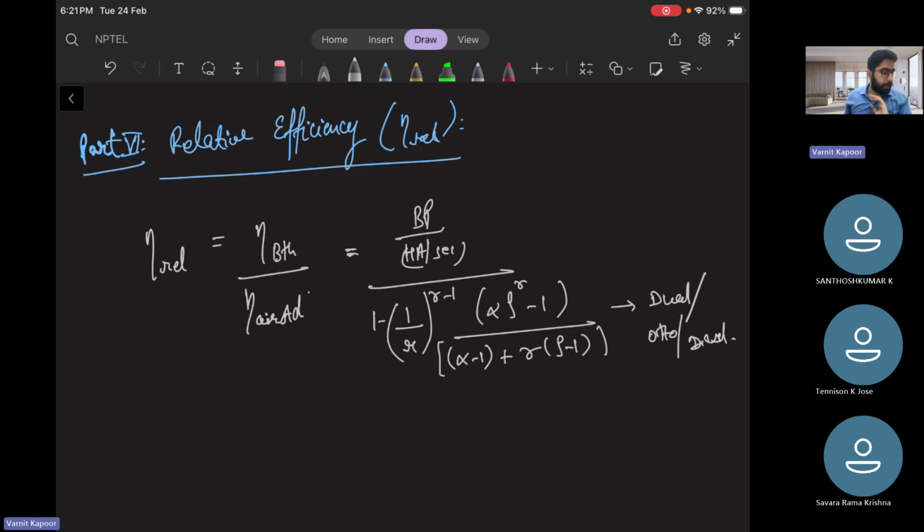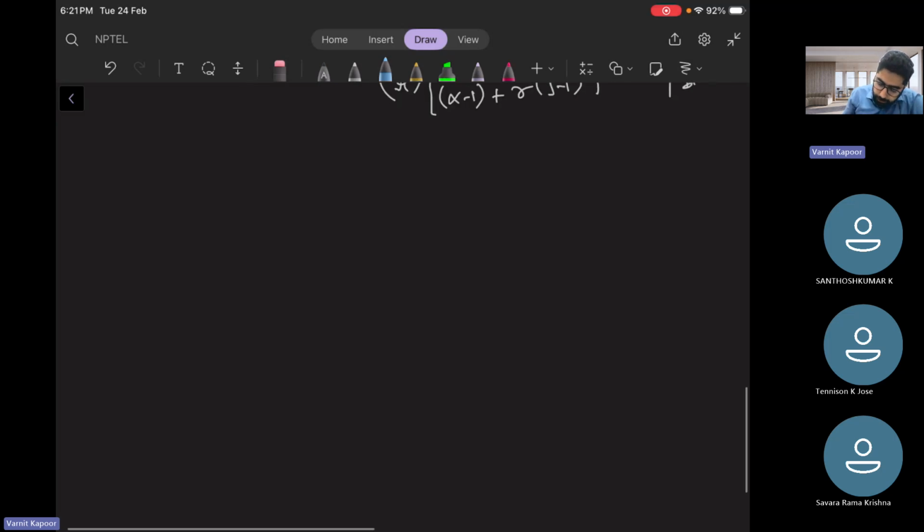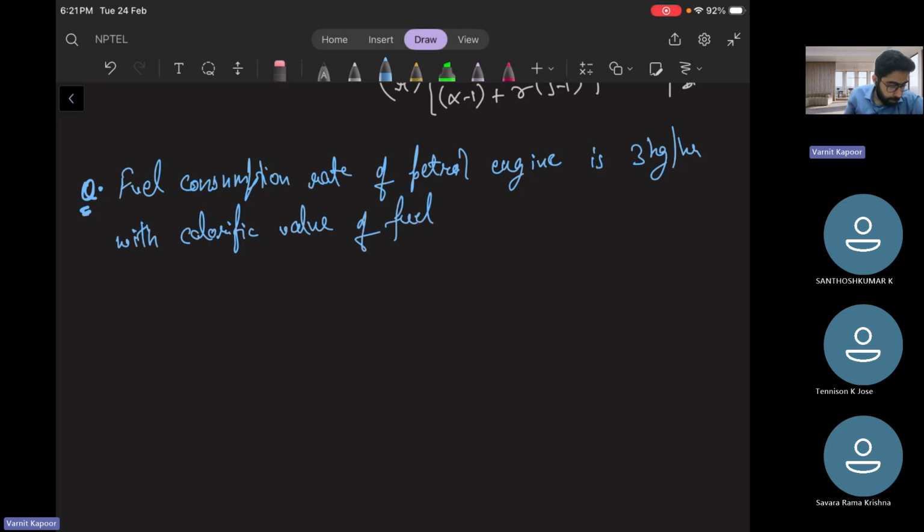Now I'll give you a numerical based on this. Fuel consumption rate of a petrol engine is 3 kg per hour with calorific value of fuel 44.1 megajoule per kg.